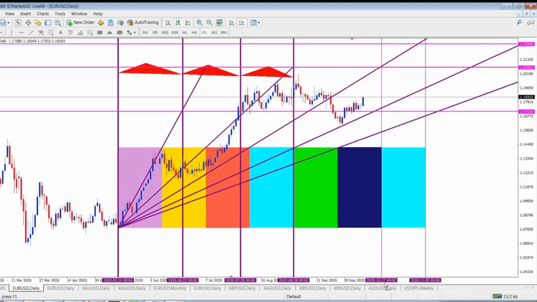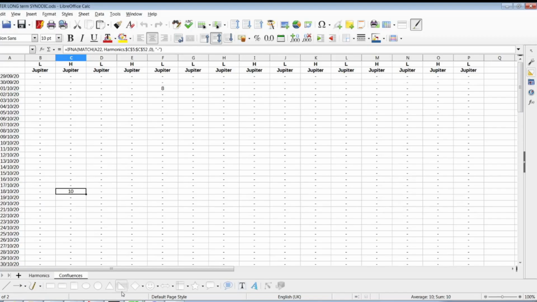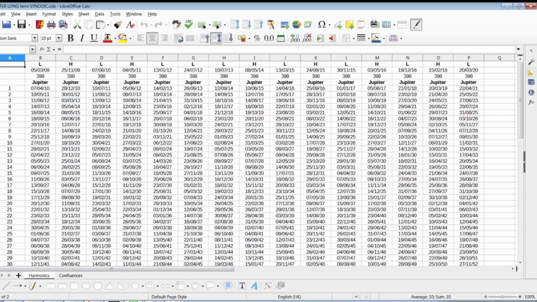But let's still talk about the 17th of October, or roughly that date. I think there's another issue I want to discuss with you, because I've prepared a sheet over here with the Jupiter long-term synodic period, which is 398 days. So what is this table? Don't pay attention to these days at the moment.